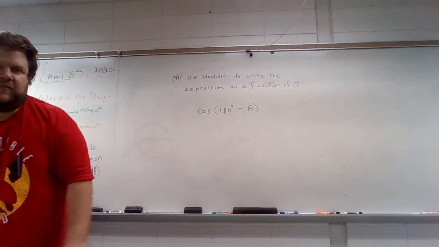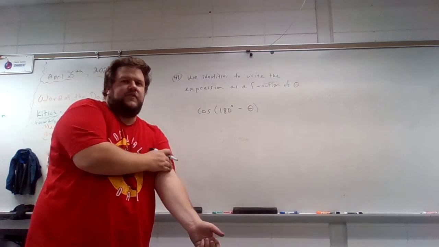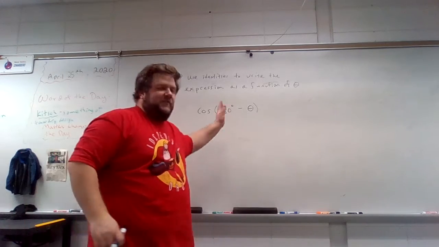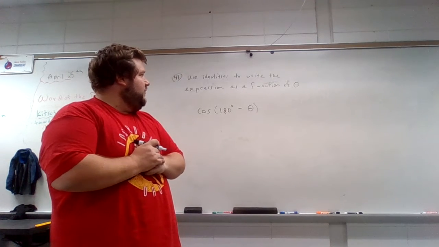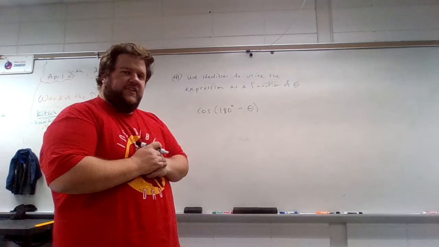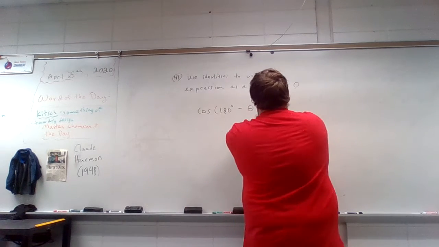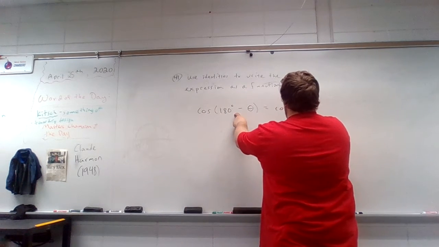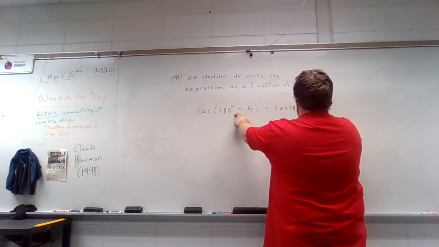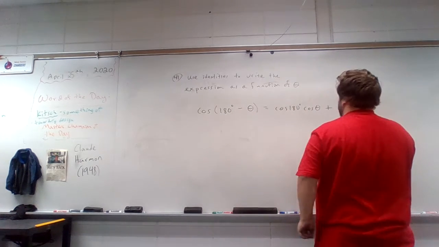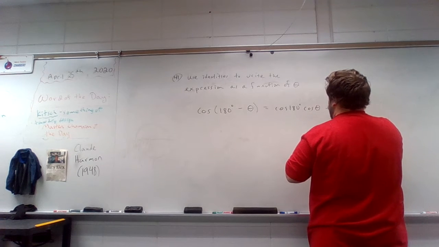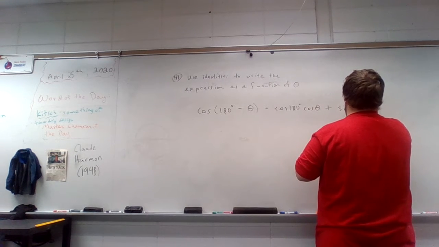Okay, so I have something like this. What they're really wanting you to do is just use that difference identity and go through and simplify this. So the difference identity for cosine: this is a cosine of 180, cosine of theta, and then this becomes a plus now, sine of 180 sine of theta.